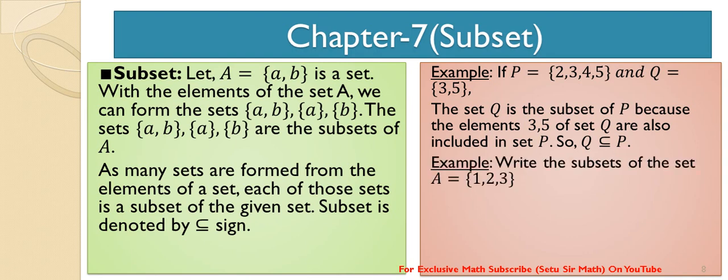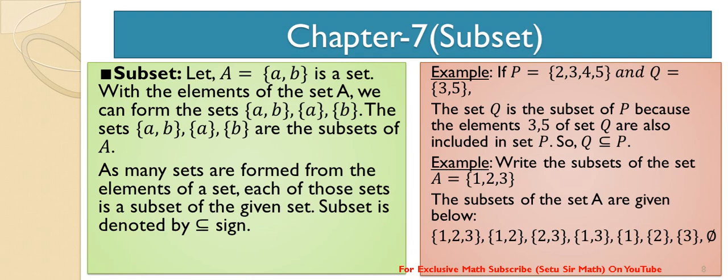Write the subsets of the set A equals 1, 2, 3. Example: as per the process I am saying, at first you have to write the whole set. The subsets of the set A are given below. A equals 1, 2, 3 at first, then you write 1 2, then 2 3, then 1 3, then single 1, 2, 3, and at last you should write the empty set.